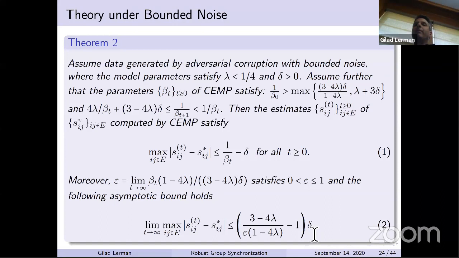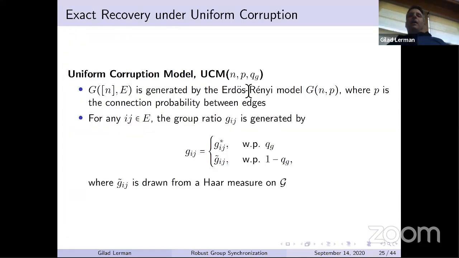Now, the most interesting thing is, can we look at a setting where we push lambda to go to 1? We really have very, very high corruption. And for this, we follow a common uniform corruption model. It's similar to the one of Lerman and Zhang. So instead of having a connected graph, we have an Erdos-Renyi graph with parameter p, which is the connection probability between edges.